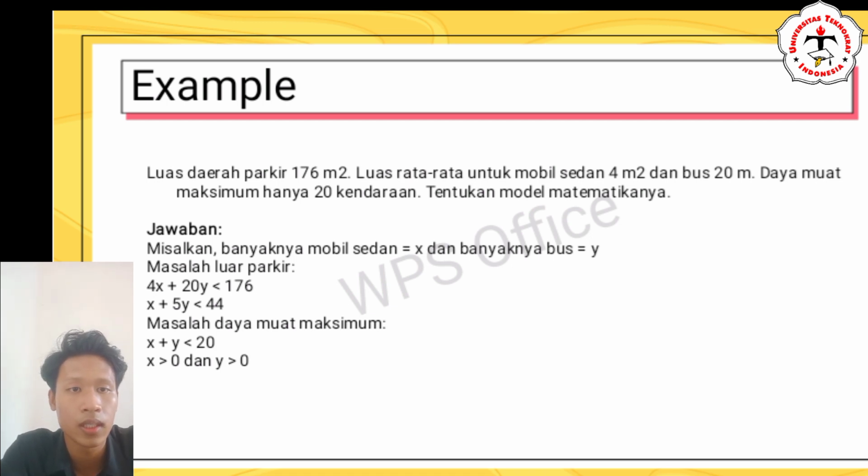Oke, jadi masalah daya muat maksimumnya X plus Y kurang dari sama dengan 20, dan X lebih dari sama dengan 0 dan Y lebih dari sama dengan 0. Oke, sekian, terima kasih.